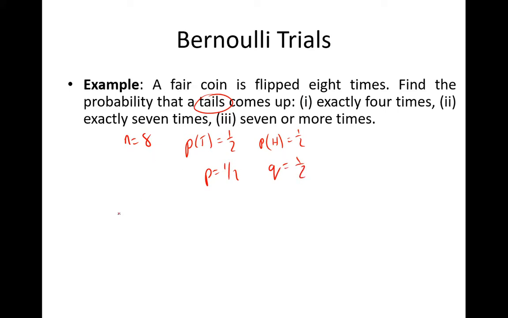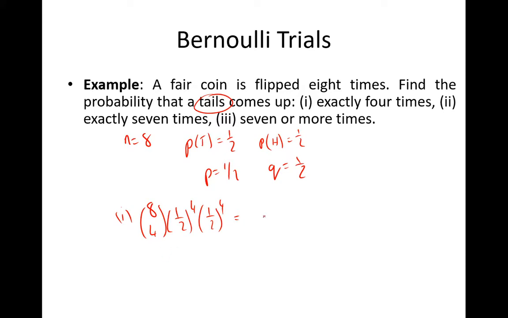Okay, in part 1, how many successes do I want? I want 4 successes. I want 4 tails. So what that means is, out of the 8 repeated experiments, I want 4 successes. The probability of success is a half raised to the power of 4, and the probability of failure is a half raised to the power of 4. So 8C4, I'll do this very quickly here, 8C4 is equal to 70.